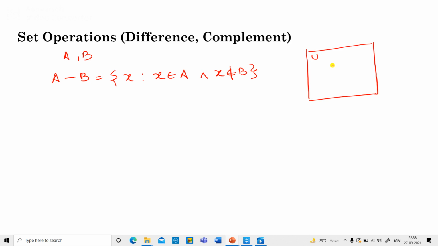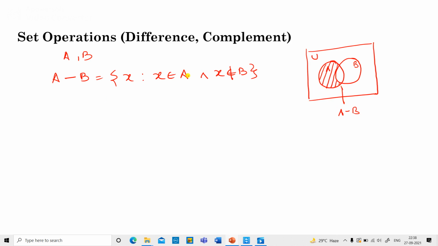This is the universal set, and suppose this is A and this is B. Look at this part: these are the elements of B which are in A. So we have to remove the elements of B from A. It means we will have the remaining part. This remaining part is A minus B.